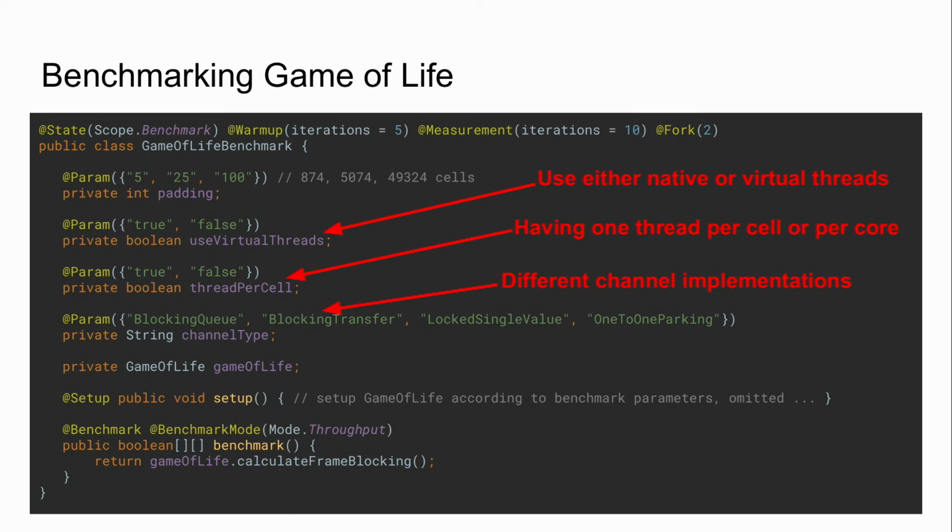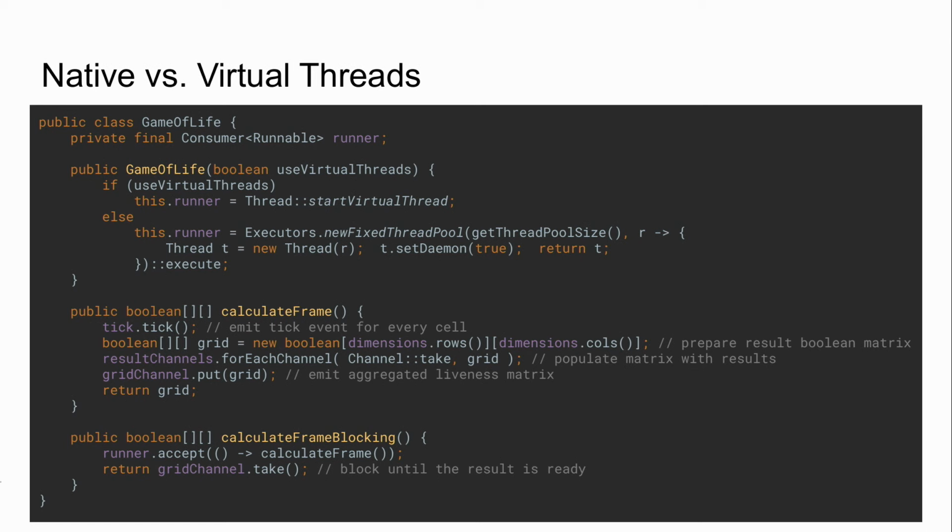So the very first thing that I tried is, again, introducing the possibility of running this thing with both virtual and native threads. As you can see, the code is very similar to the one that you saw in the former example. I have this Boolean switch that allows me to take a native thread from a pool, or simply a virtual thread.